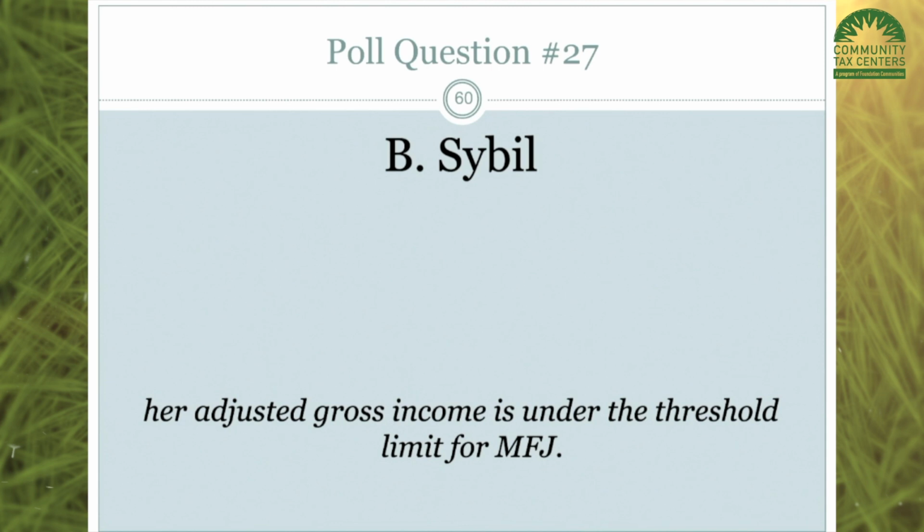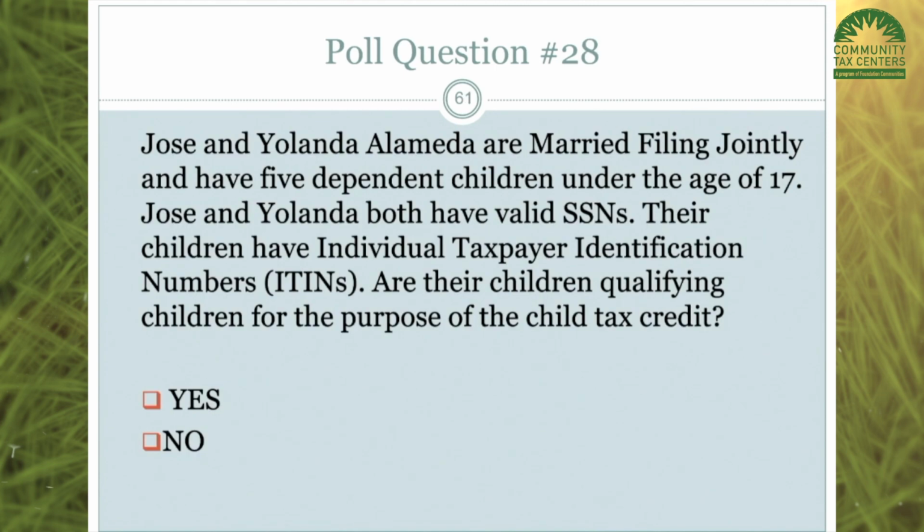Her adjusted income is under the threshold limit for married filing jointly. Jose and Yolanda are married filing jointly and have 5 dependent children under the age of 17. Now, Jose and Yolanda both have valid socials. Their children have ITINs, the individual taxpayer identification number.